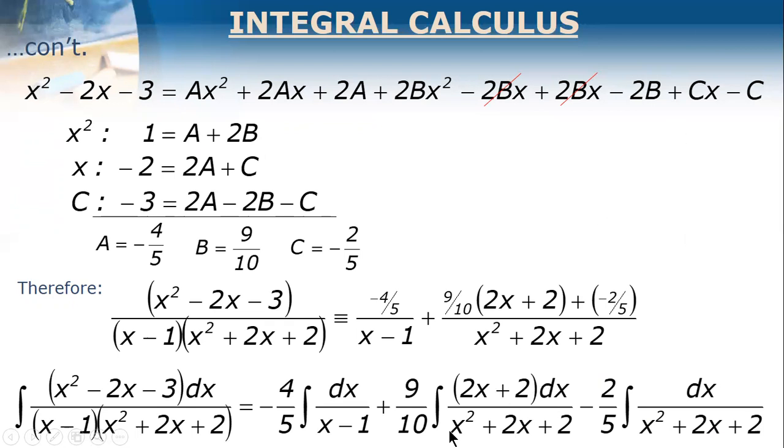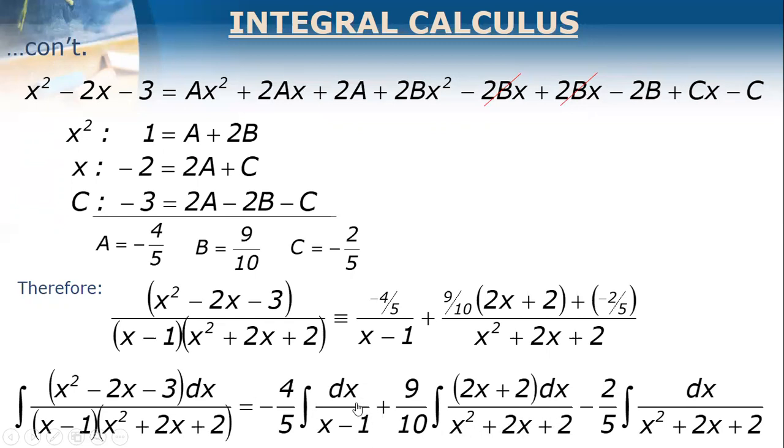Now, take note, if this is our u, x squared plus 2x plus 2, then our du is 2x plus 2 times dx. So therefore, du over u, that's ln of u: ln of x squared plus 2x plus 2.